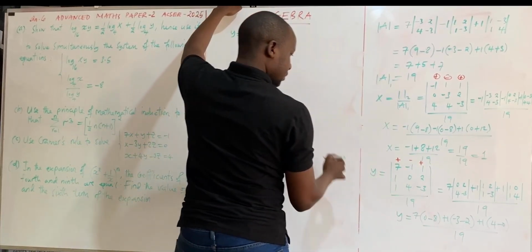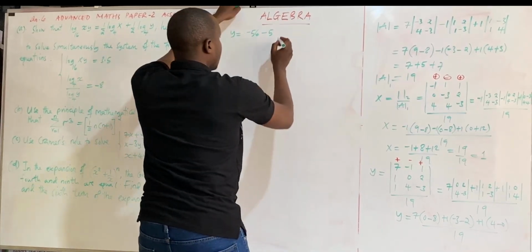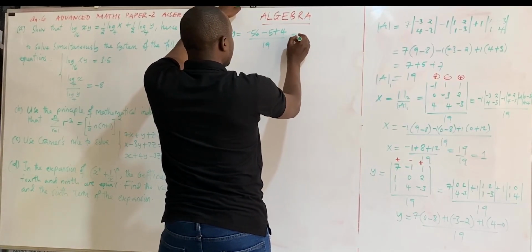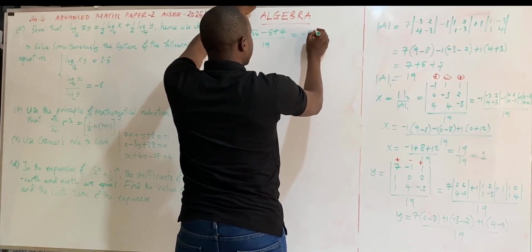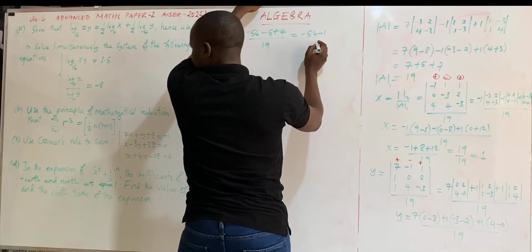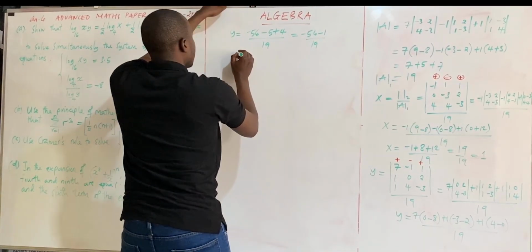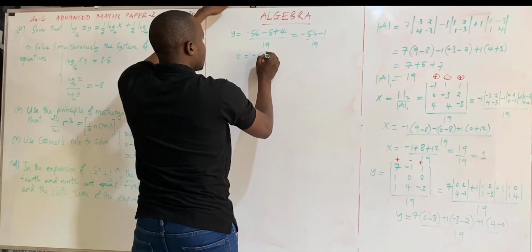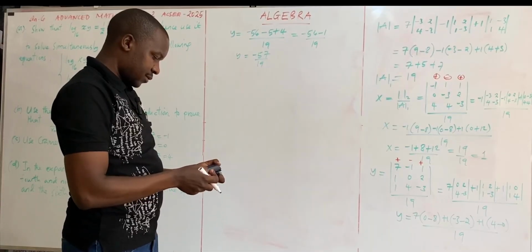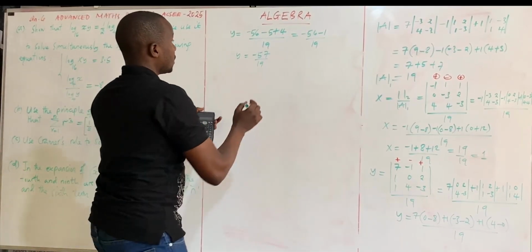There is negative 5 minus 5. There is 4, positive 4 over 19. So we are going to get negative 56 minus 1, minus 1 over 19. So y equals negative 57 over 19. When we divide 57 by 19, we get negative 3.